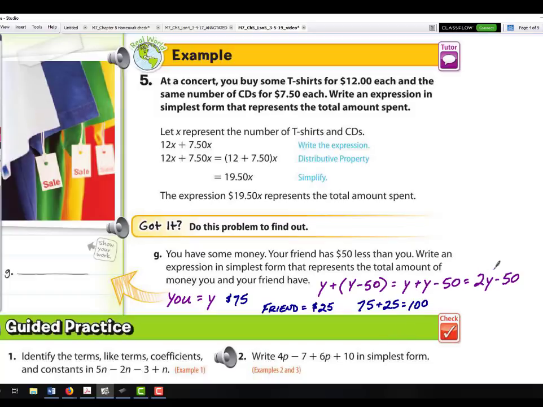Let's see if our 2y minus 50 would be $100. Our y was equal to 75. So 2y would be 75 times 2, which is 150. Then we have the 150 minus the $50, and absolutely, that gets us back to our $100.